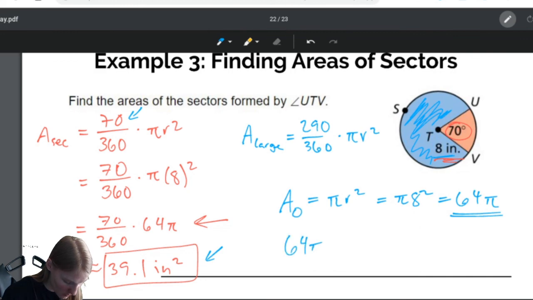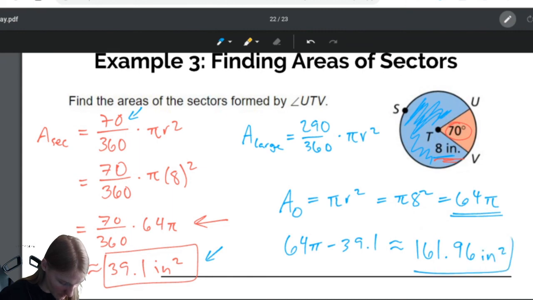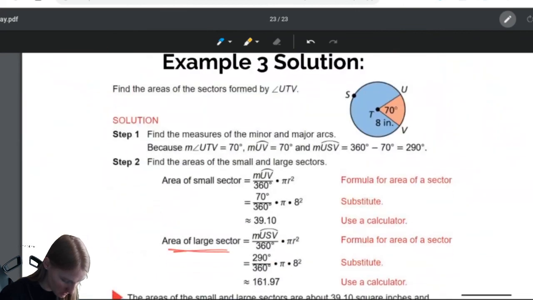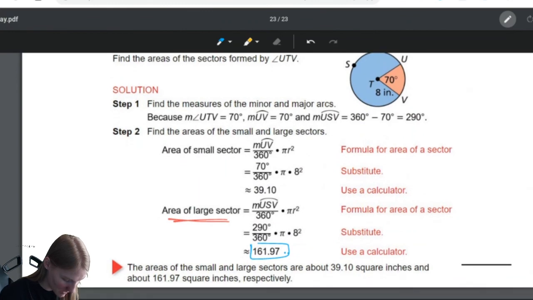So 64 pi minus 39.1 is approximately, because the 39.1 is approximate, 161.96, and that is inches squared. Let's see if we were right. Ha ha ha! 161.97, same thing. Same thing.